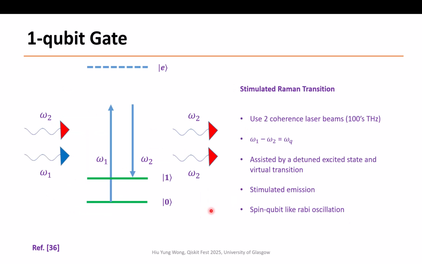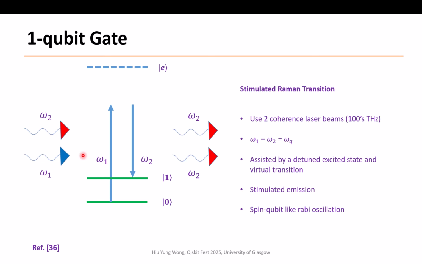How do you do a one-qubit gate? Well, you can do it like the spin qubit, apply a magnetic field, and here we should apply an electric field, right? However, we don't have a suitable wavelength for this because of the small frequency. So what do we do? We do something called stimulated Raman transition.